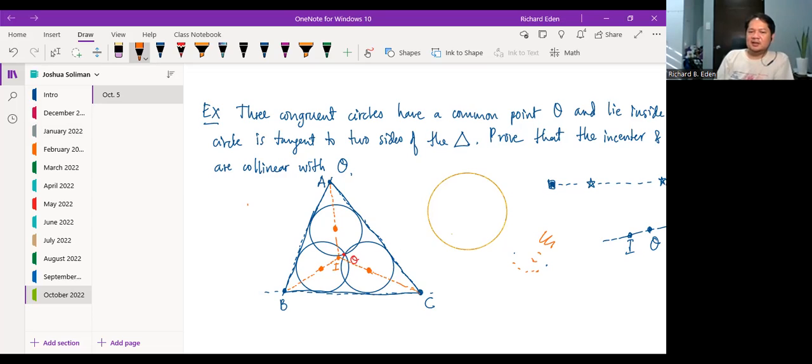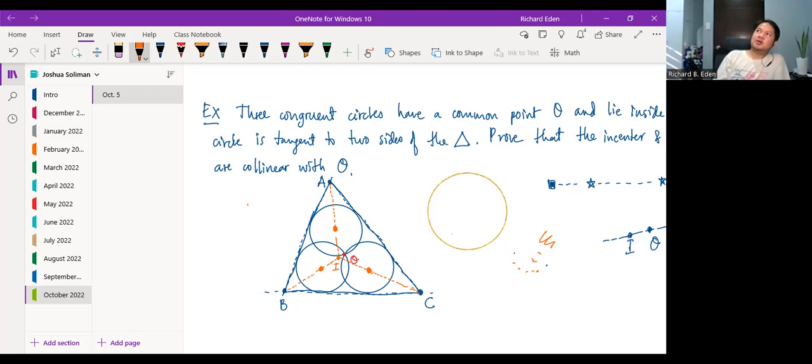The incircle, if we're going to talk about homothety, it should be clear what point is being mapped to which particular point. The tiny circles, they are tangent to both sides. So it is obviously a homothety, mapping that circle to the circle, because it is still tangent to two lines, AB and AC.